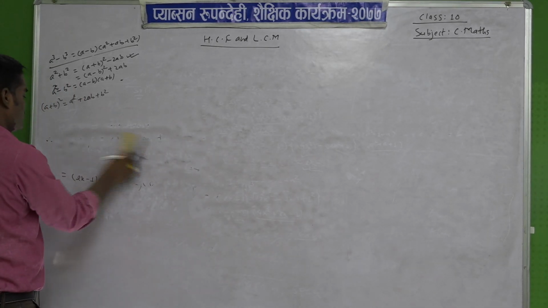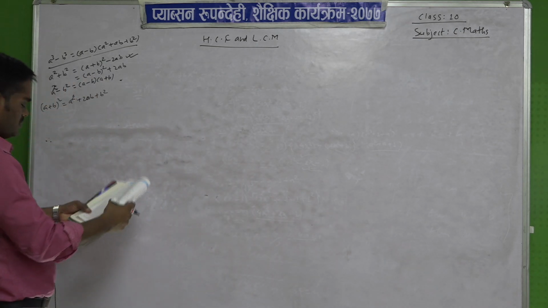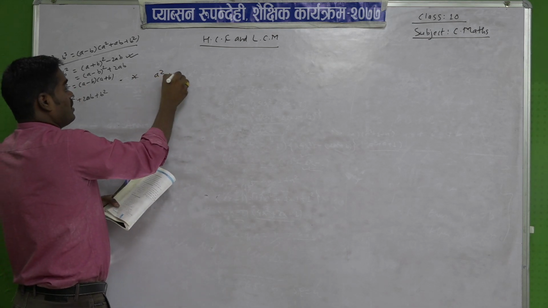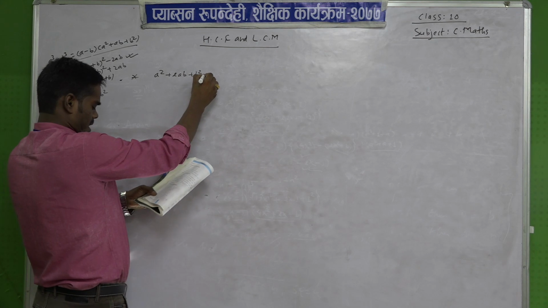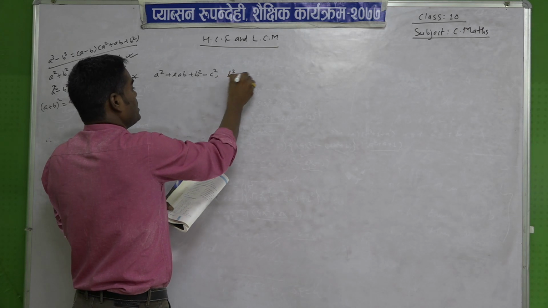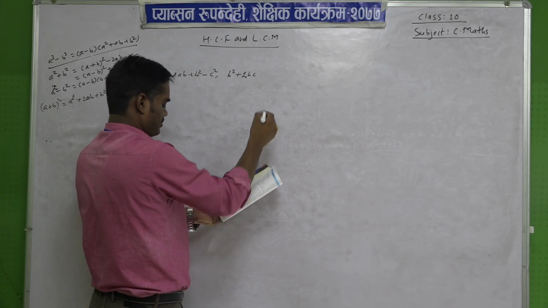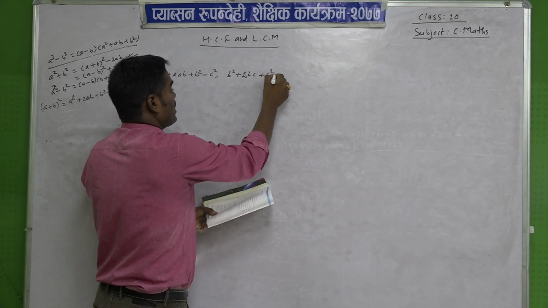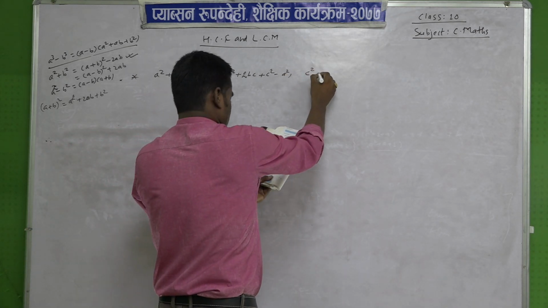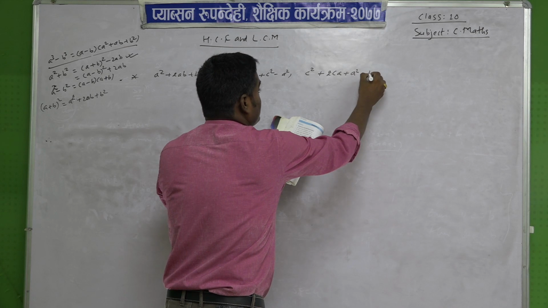Now, the next question is given here: a square plus 2ab plus b square minus c square is the first expression, and likewise b square plus 2bc plus c square minus a square, and then the third expression is c square plus 2ca plus a square minus b square.